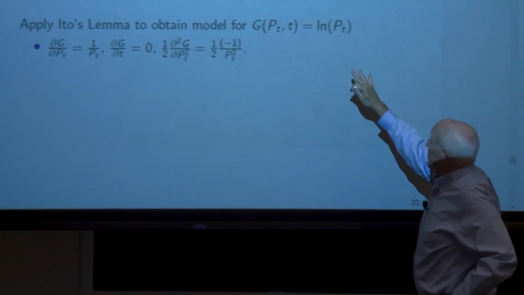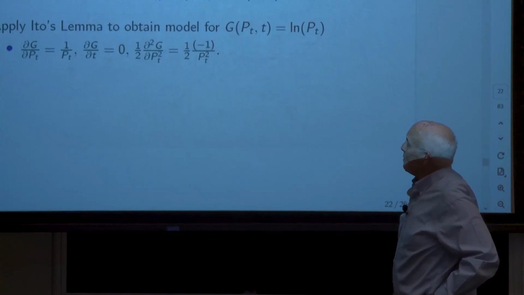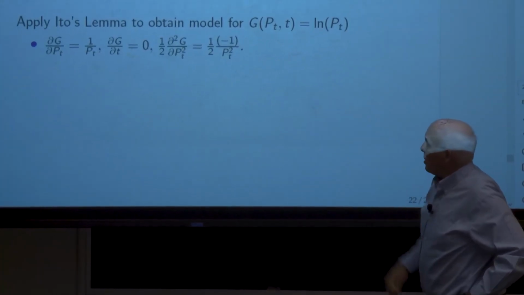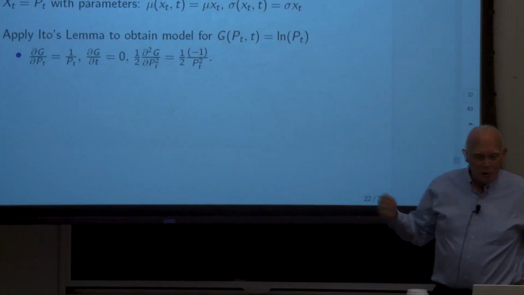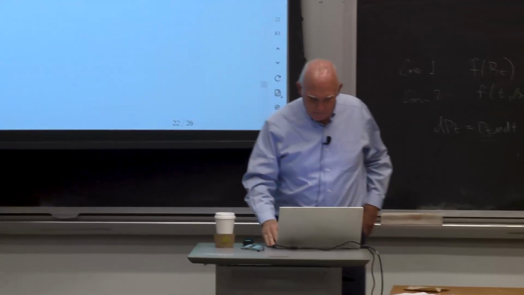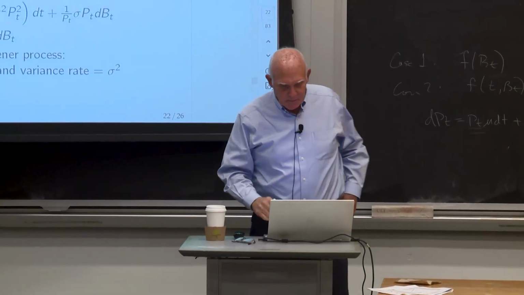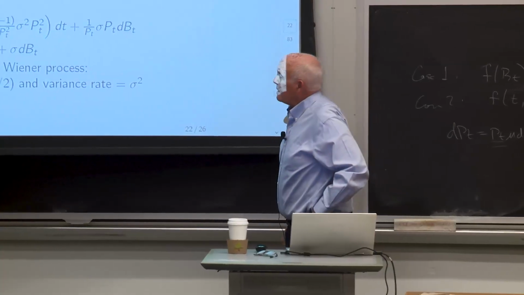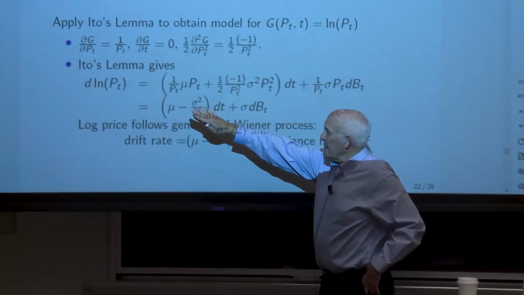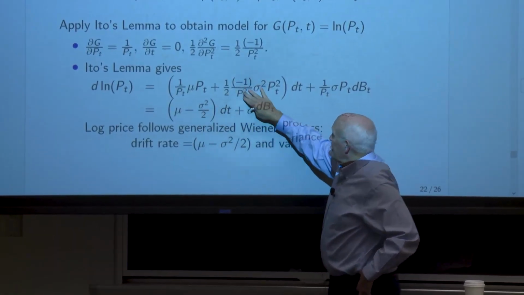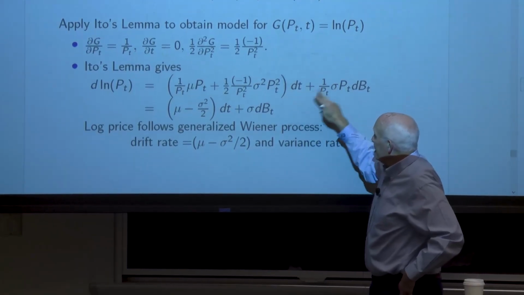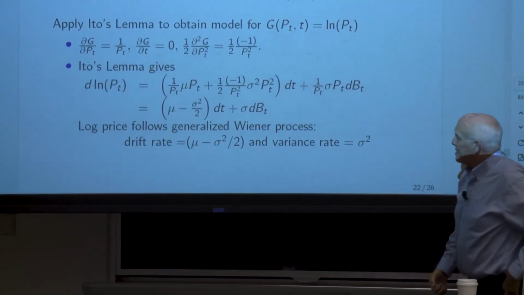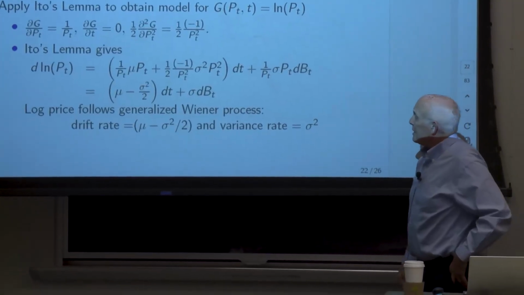The partial of g with respect to t is 0. And the second partial of g with respect to p is minus 1 over p squared. So Ito's lemma gives us that the differential of log p is the sum of two terms, one that's times dt, the other that's times sigma dBt.